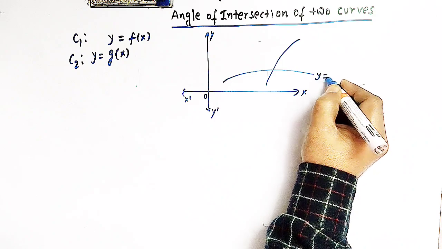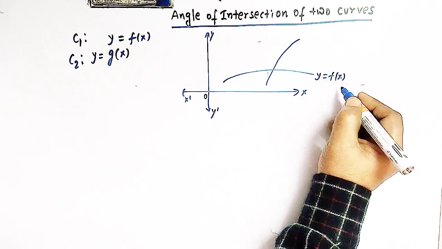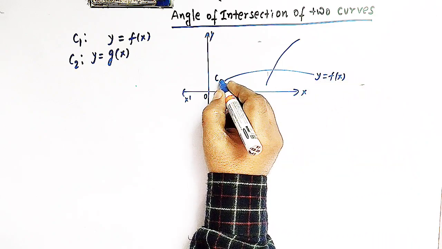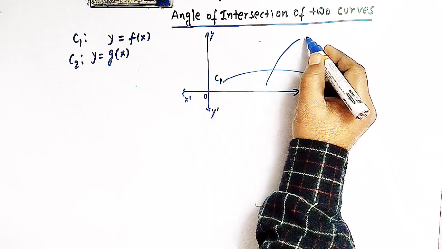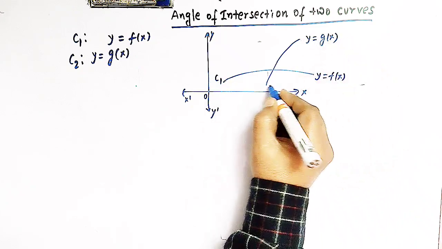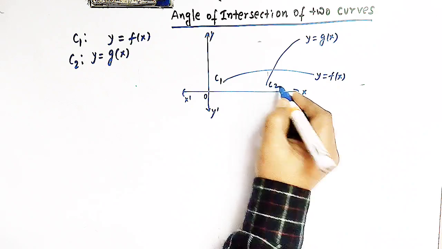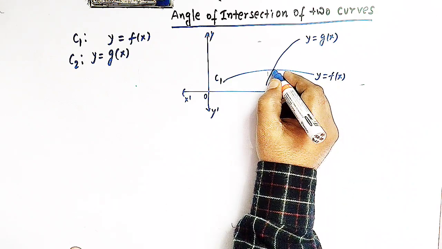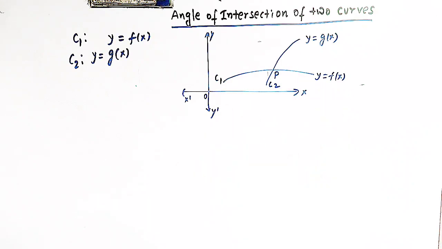So this is y is equal to f of x, the curve c1, and this is the curve y is equal to g of x, our curve c2. Now this is the point of intersection of the two curves c1 and c2.